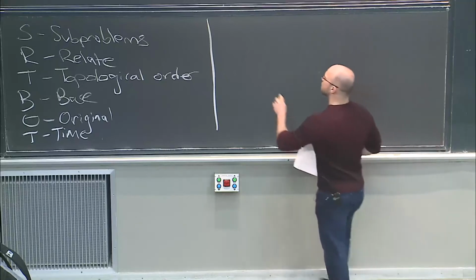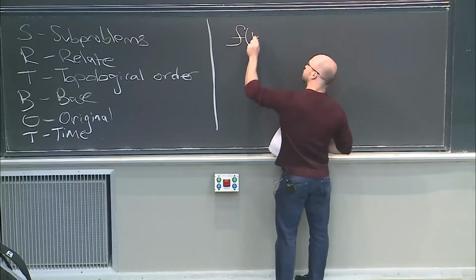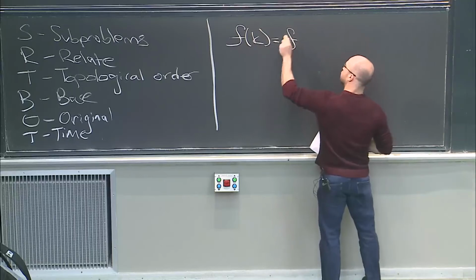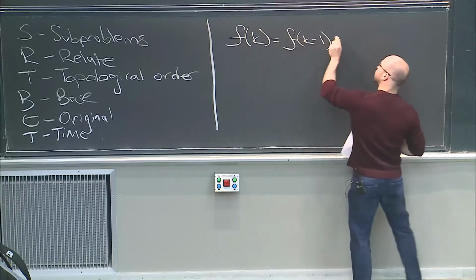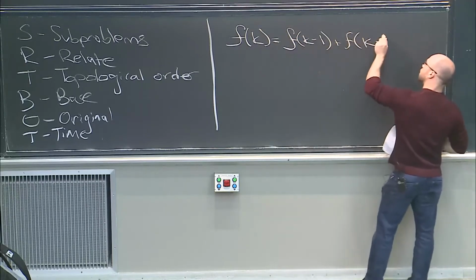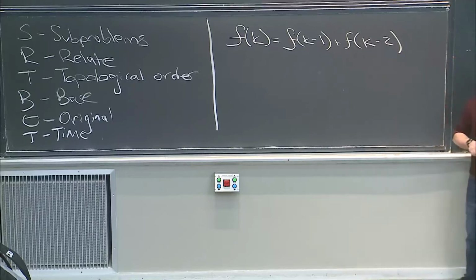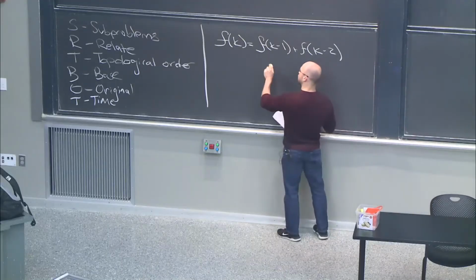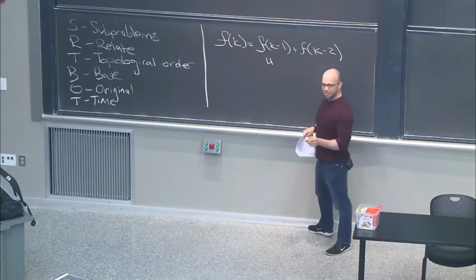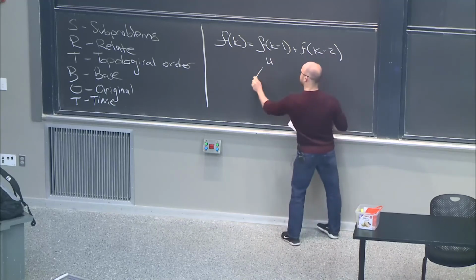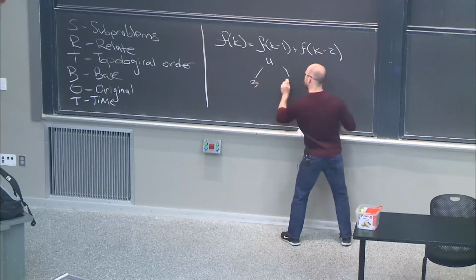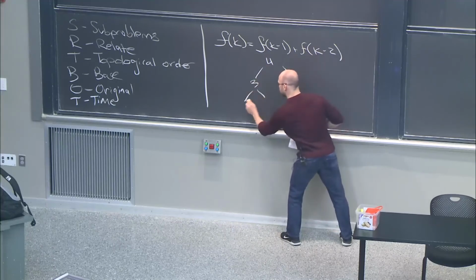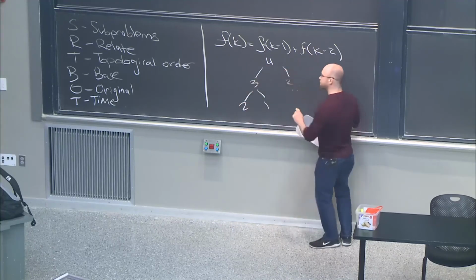But remember that your Fibonacci sequence looks something like f of k equals f of k minus 1 plus f of k minus 2. And if you look at your sort of recursive call tree here, let's say that I do k equals 4, then my function f is going to have to evaluate it at 3 and 2, and then the 3 is going to evaluate it at 2 and 1, and so on.